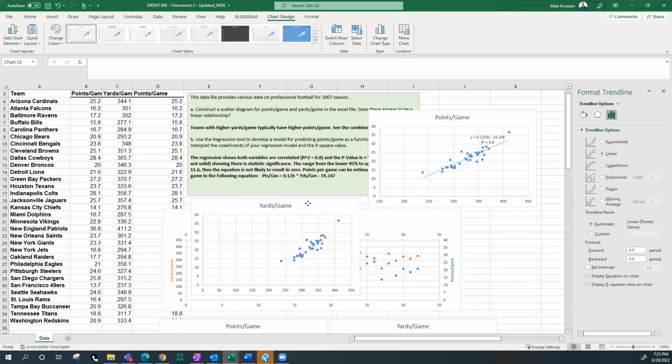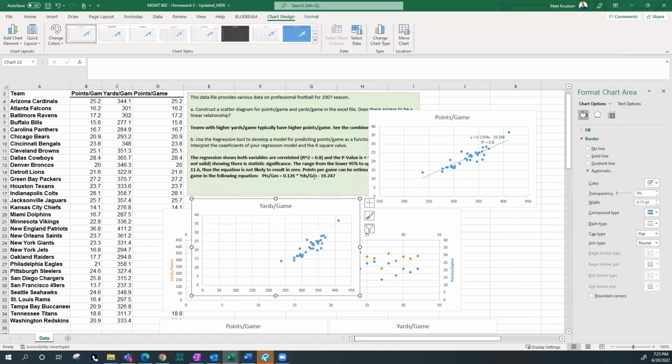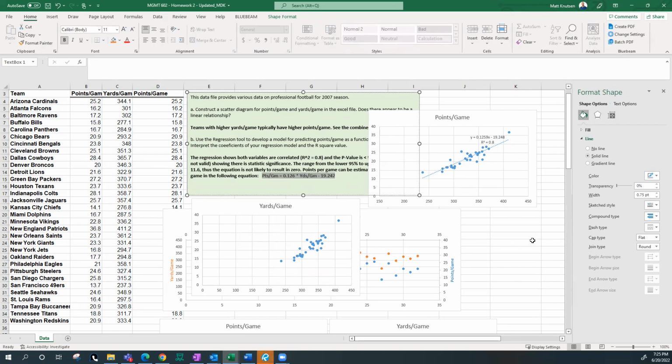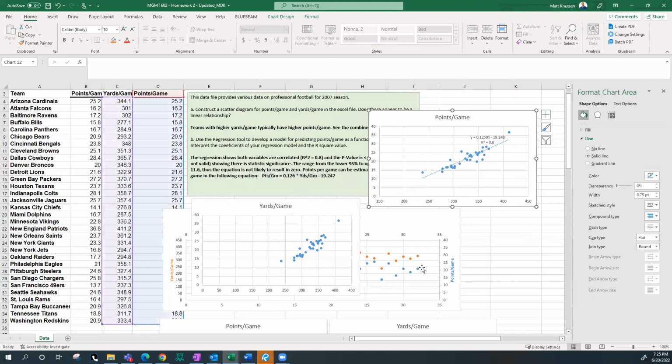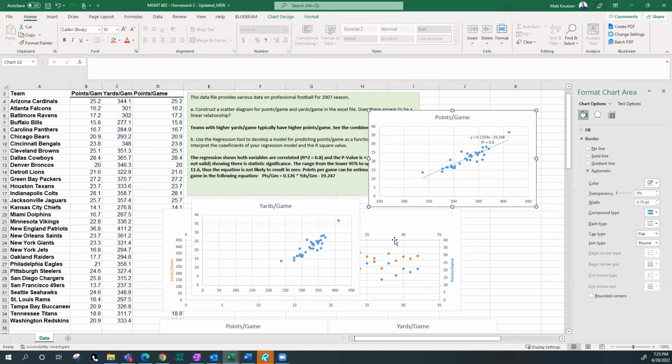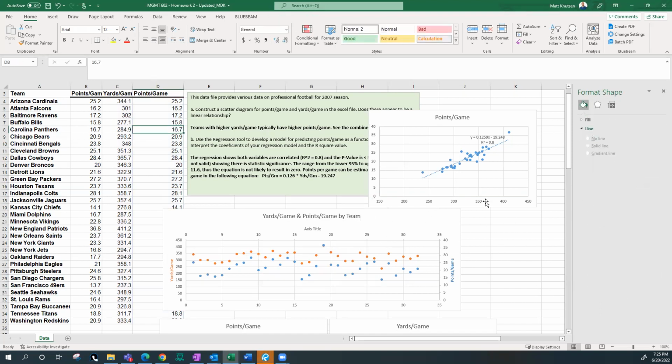Go to your, oh, that's good. Actually, it does. The equation looks good. Because this is the equation from the regression. All right, so three ways to get there.